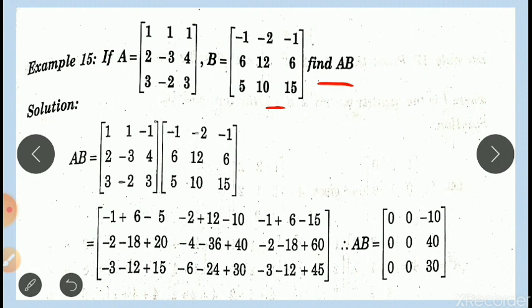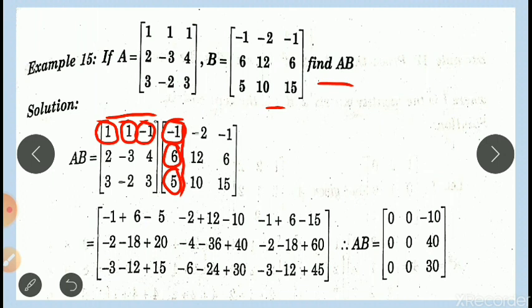As I explained, we have to multiply the first row with the first column. We'll get, if we multiply the corresponding element, 1 into minus 1, minus 1, 1 into 6, we have to write plus in between, minus 1 plus 1 into 6 is 6, minus 1 into 5, that is minus 5.